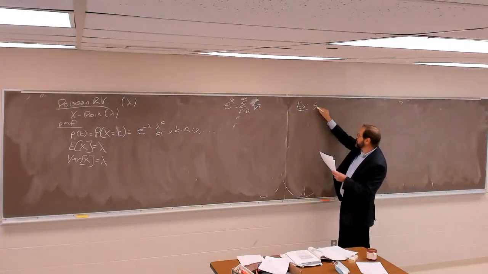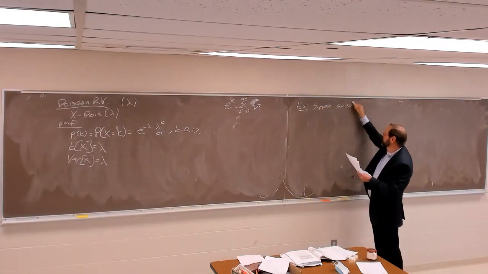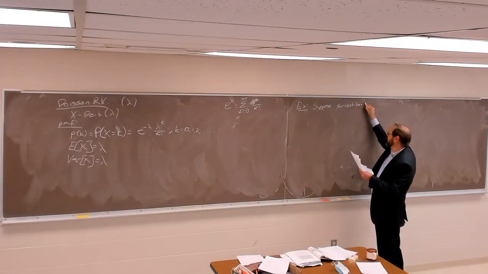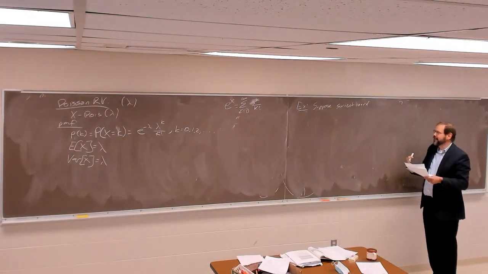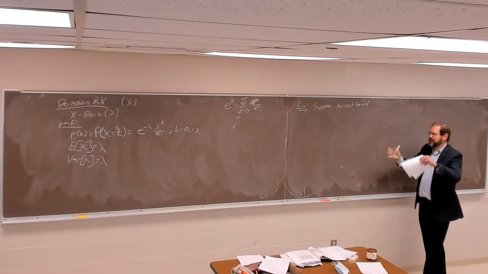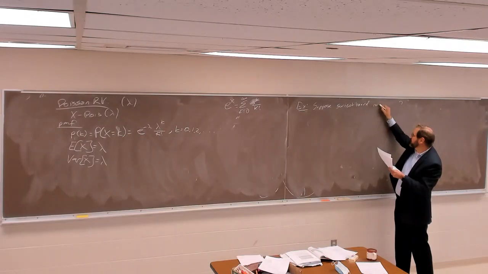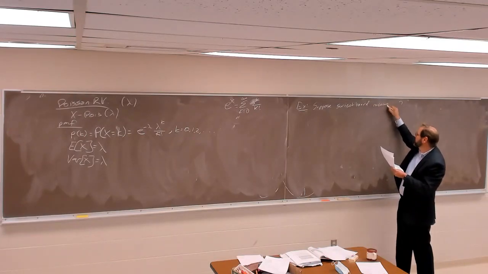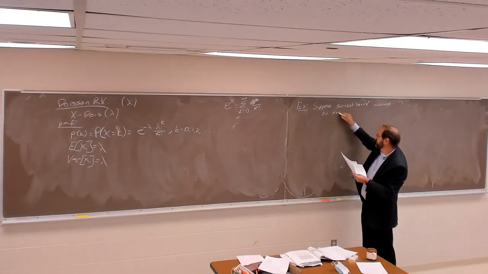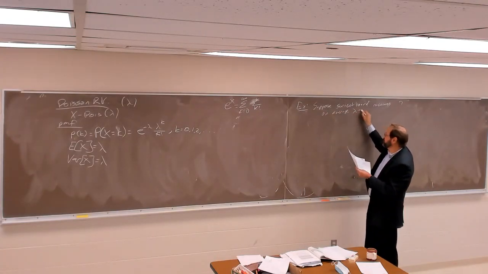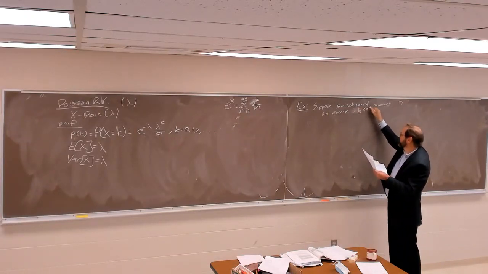So here's a question. Suppose there's this switchboard, this office that collects phone calls. Let's say they receive, on average, lambda equal to 5 calls per hour.